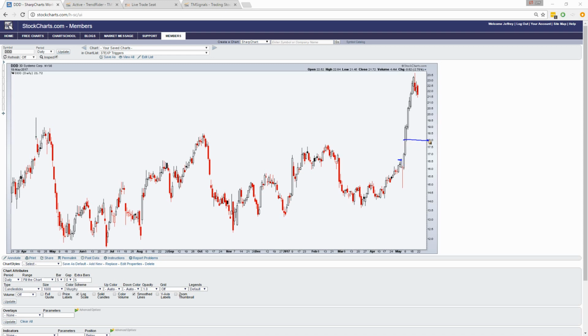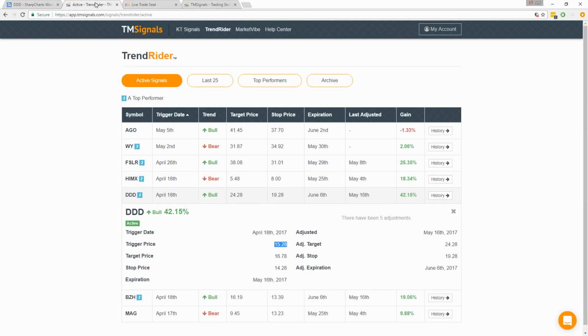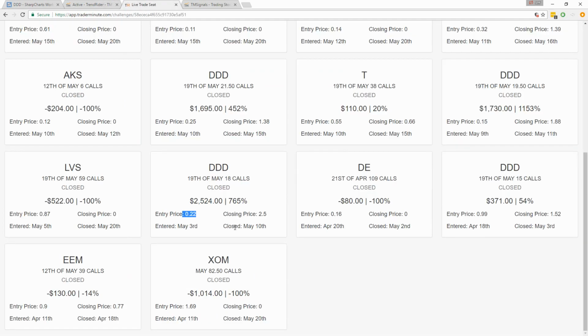I bought the 18s for 22 cents because I was able to put in what I was willing to risk. In fact, I only put in $300. I didn't put in a lot. I wasn't in a position where I was going to lose a lot. It wasn't that type of scenario. I put in basically what I gained on those original options.